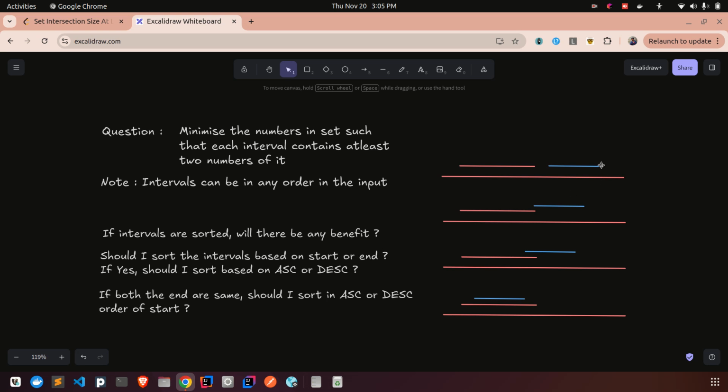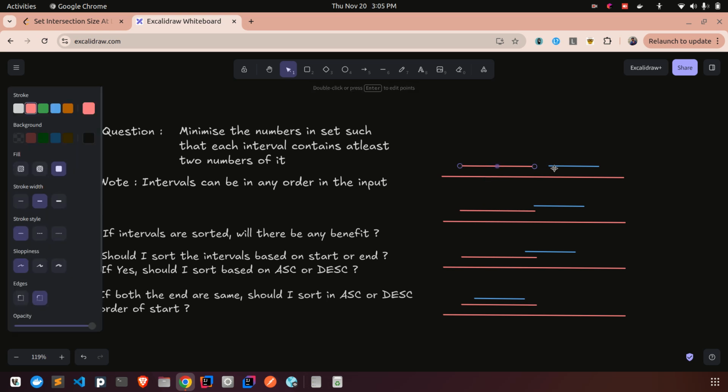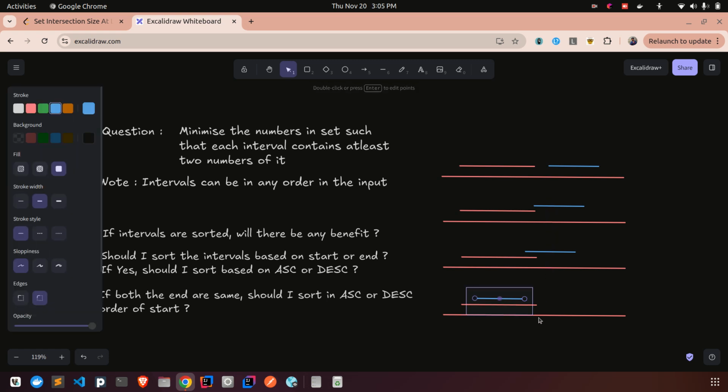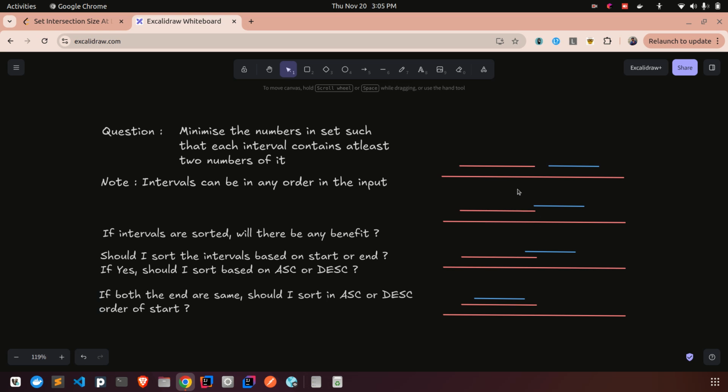Let's talk in general about a few cases. Let's have two intervals. What are the common possible cases for two intervals? Both can be not overlapping, they can be partially overlapping like these two, or they can be completely overlapping. Whenever there is no overlapping, we have to pick at least two numbers from each of these two intervals individually.